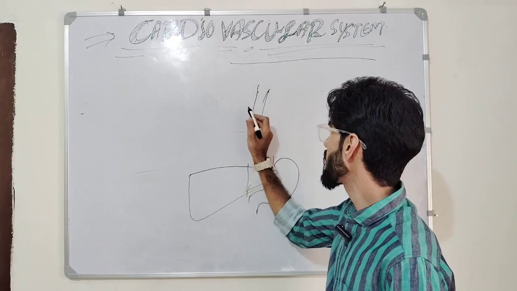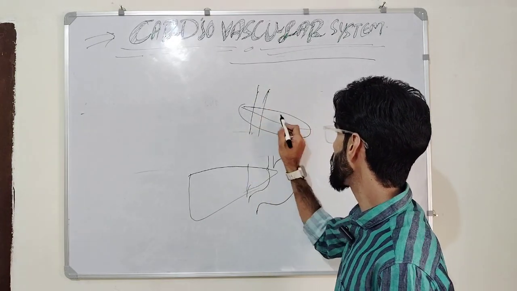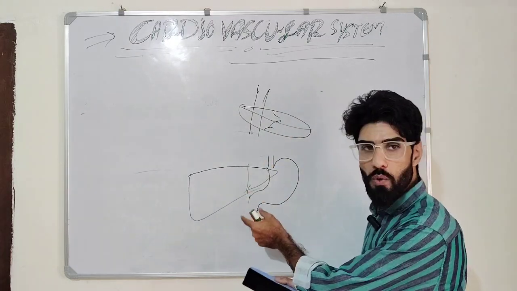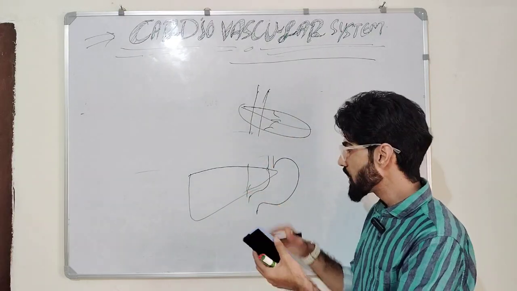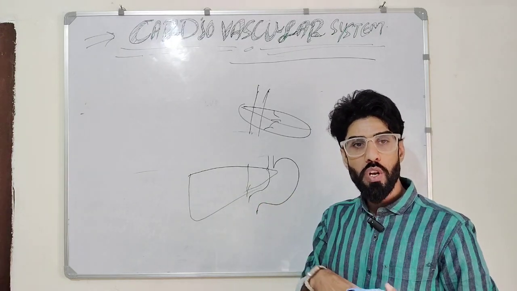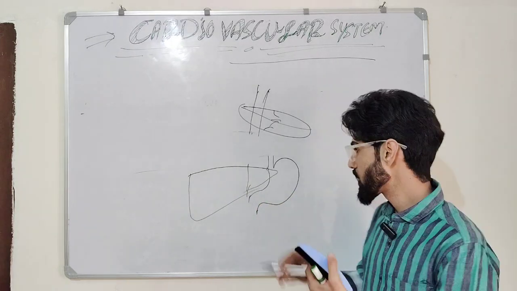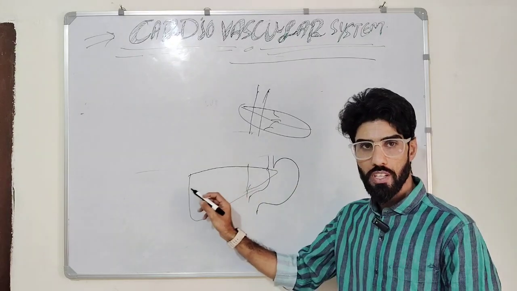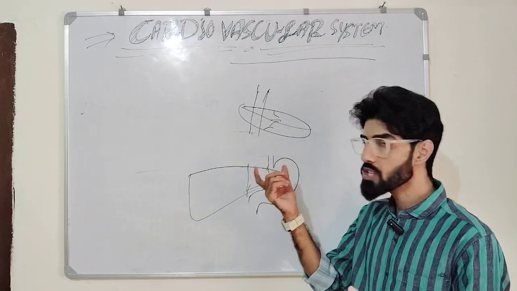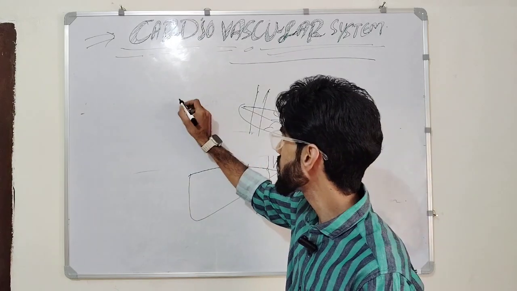Here the heart is towards the left, and inversus means these body parts will look like a mirror image. The stomach will be towards the right side and the liver towards the left side.